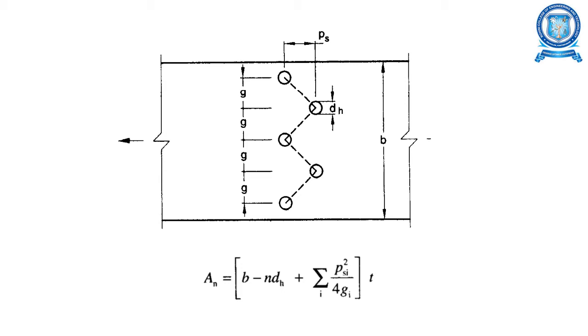Where b and t are the width and thickness of the plate, and dh is the diameter of the bolt hole, g is the gauge length of the bolt hole, and Ps is the staggered pitch length between the line of bolt hole, and n is the number of bolt holes in the critical section. i is the subscript of summation of all the inclined legs. So when the bolts are arranged in a staggered manner, you have to calculate by using this formula.